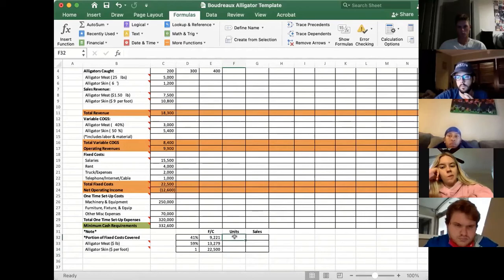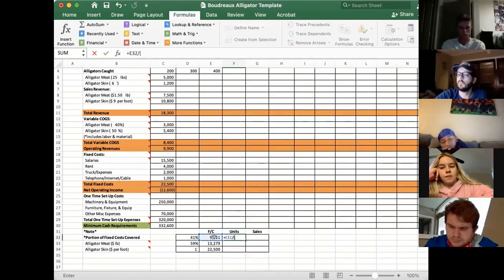So now we say, how many units does it take to get to break even? Now, guys, do you remember the formula? The formula is fixed cost, divided by the sales price of one unit, which is $1.50, minus the variable cost.